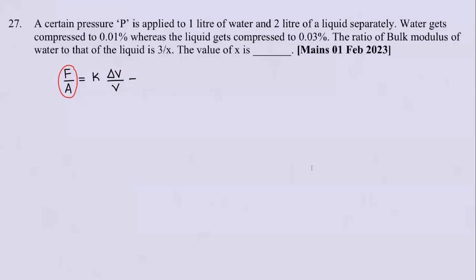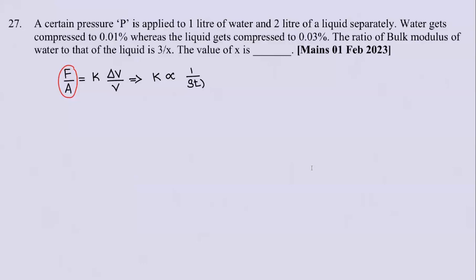Then the proportionality equation will be: bulk modulus is directly proportional to V by delta V. Instead of writing V by delta V, which I don't like, I write 1 by strain.